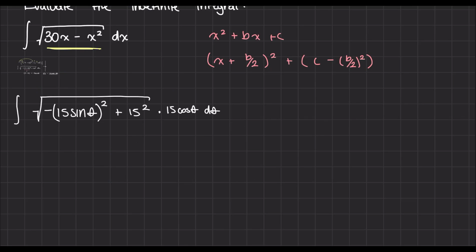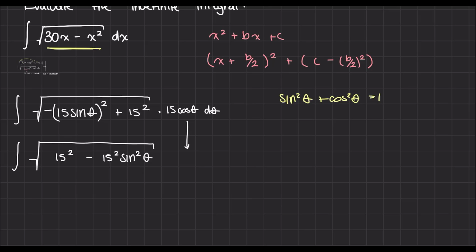So now we have this. Again, this doesn't look too much more simple, but we remember that trig identity that we had before: sine squared theta plus cosine squared theta is equal to 1. In this case, if we distribute the square in, let's reorganize this. We'll rewrite this as the integral of 15 squared minus 15 squared again, and now it's sine squared theta.